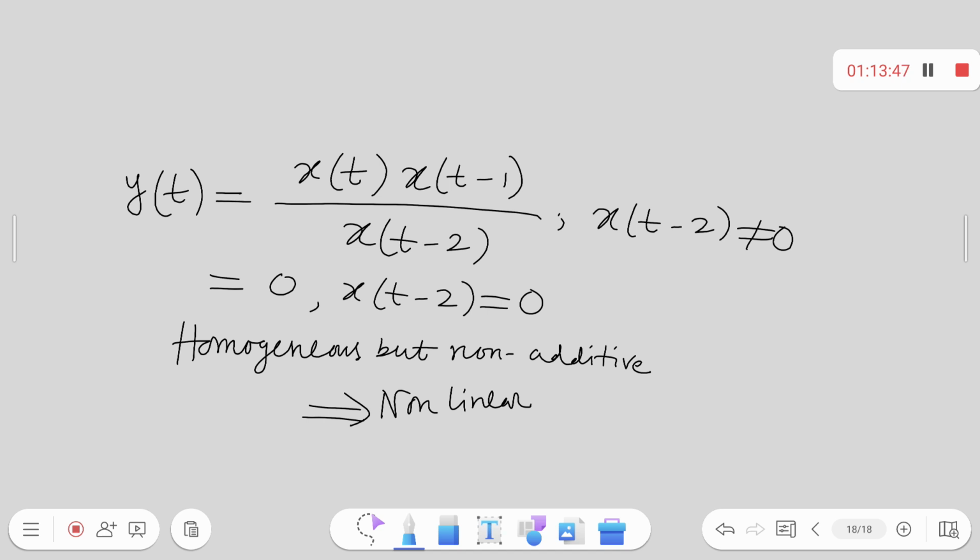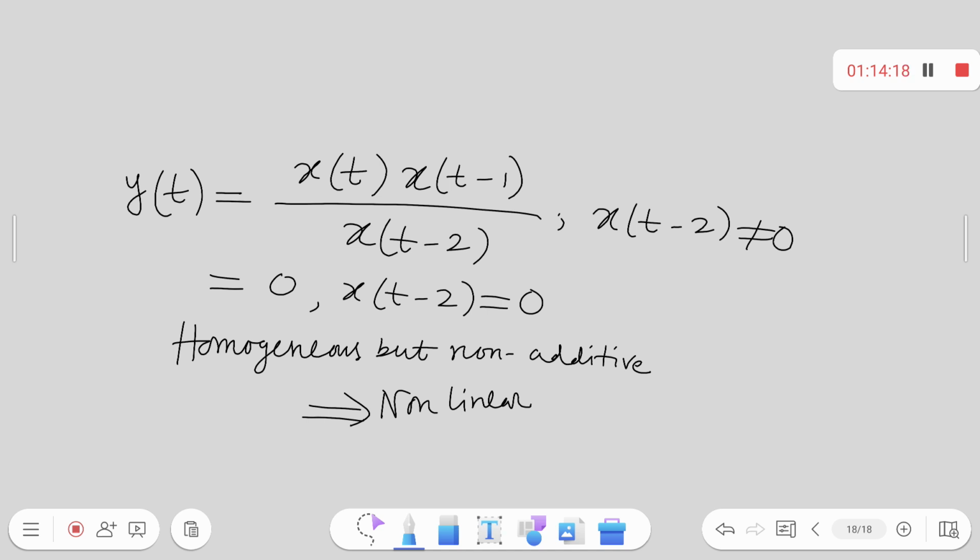A system can be causal as well as stable or unstable. A system can be linear and causal, linear non-causal, non-linear causal, non-linear stable, non-linear unstable, causal, non-linear stable anti-causal. So there could be lots of combinations, right? Out of that, we will pick up only one combination, which is very useful for us to analyze the system.